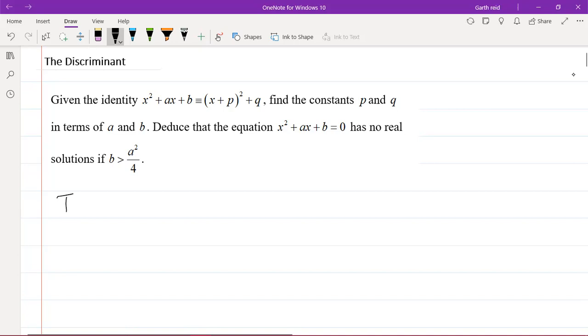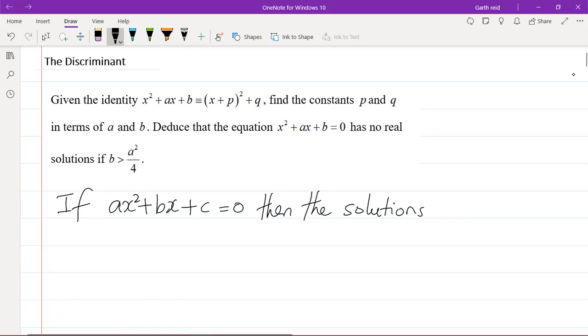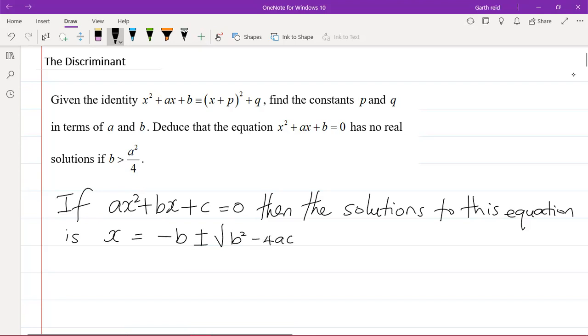If we have the quadratic equation ax squared plus bx plus c equal to 0, then the solution to this equation is x equals negative b plus or minus the square root of b squared minus 4ac, all divided by 2a.